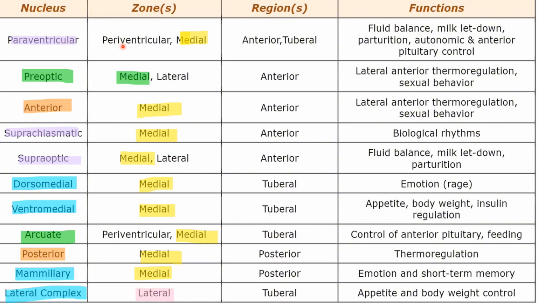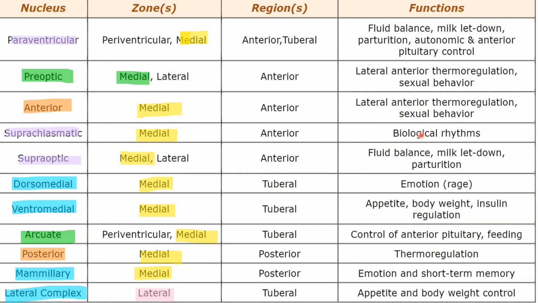They are present in the medial zone, in the tuberal part, and the preoptic and anterior parts. The paraventricular is related with fluid balance, as I have told you that it is part of the ADH, and it also stimulates the oxytocin.